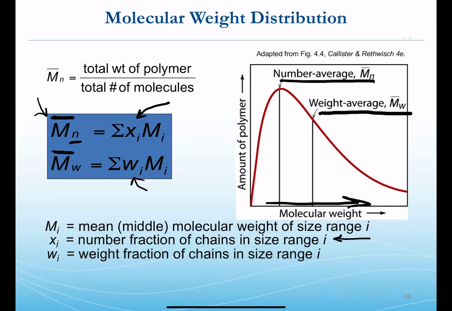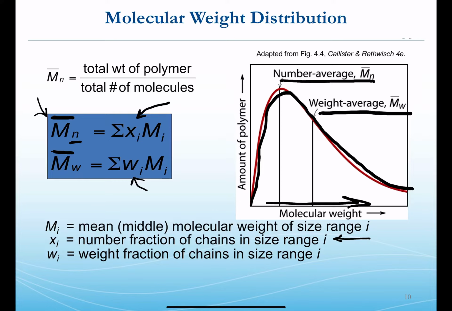And this is useful because we can characterize the breadth of the molecular weight distribution by knowing just how far away the Mw is and how much larger it is than Mn. We can do that by simply looking at the two features.